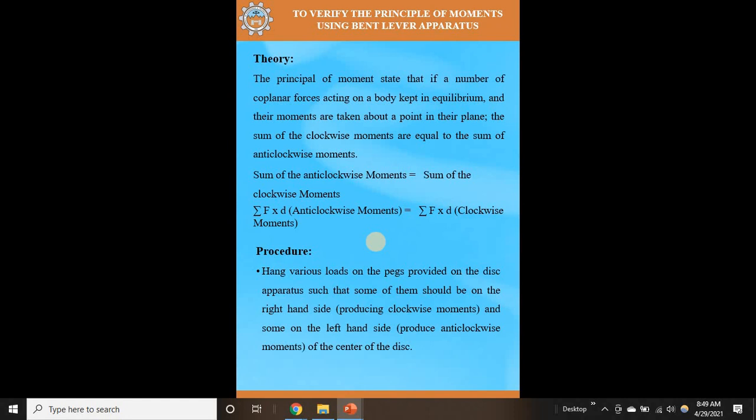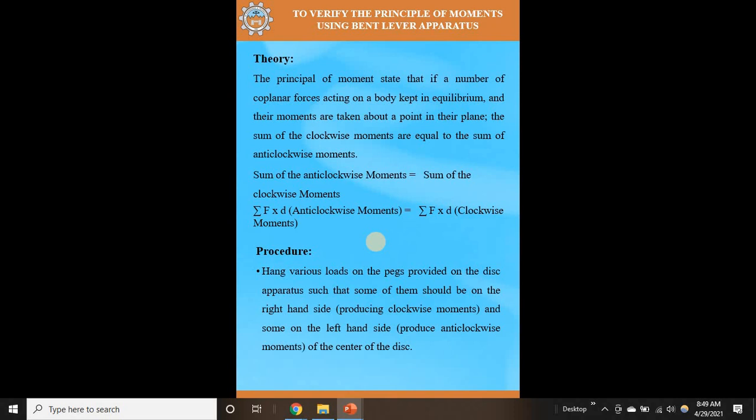Now come to the theory part. The principle of moments states that if a number of coplanar forces acting on a body keep it in equilibrium and their moments are taken about a point in their plane, the sum of clockwise moments should be equal to the sum of anti-clockwise moments, already discussed. So what is moment? Moment is the product of F cross D. F is the force, and D is the moment arm or distance.